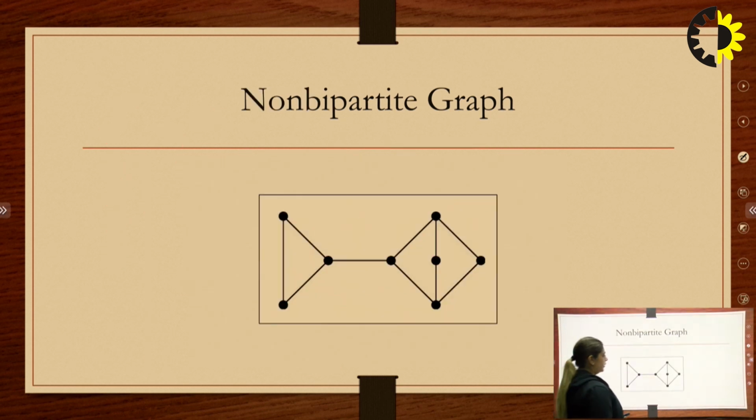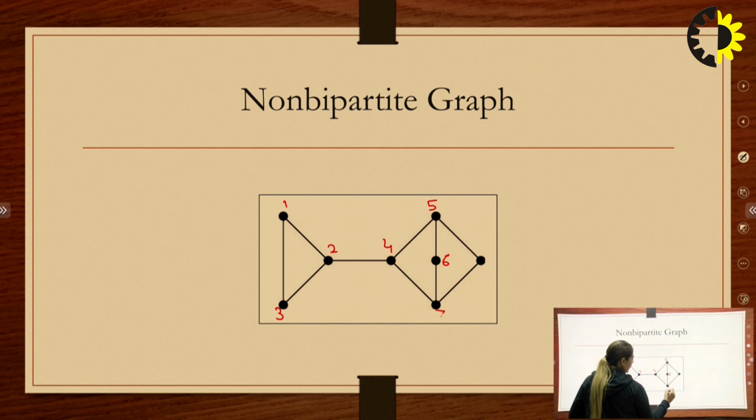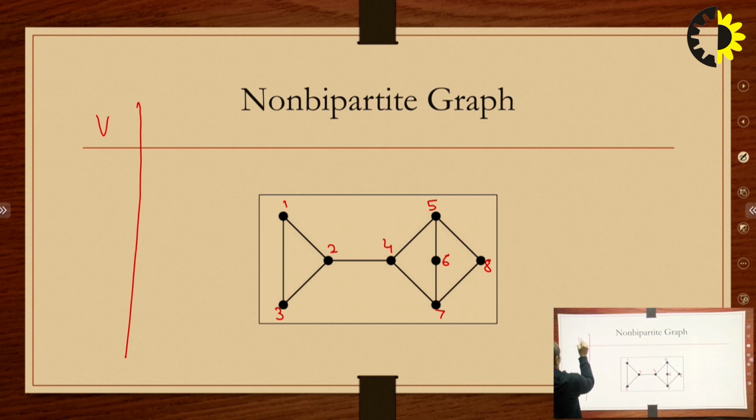Now see this graph. This graph is not a bipartite graph. How? Let's check. This is 1, this is 2, this is 3, 4, 5, 6, 7 and 8. We have numbered the vertices. Now we have to make the partition of the vertices, V1, V2.